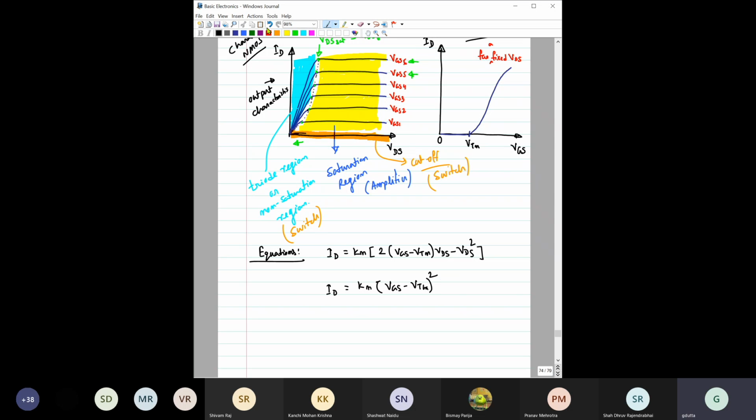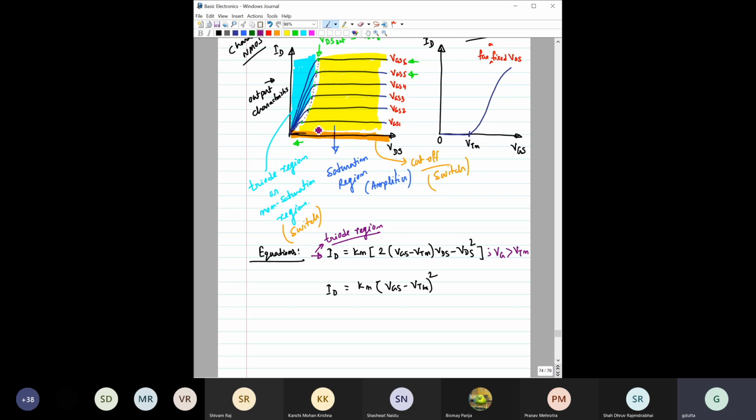Okay, the first equation, right? This equation is valid in the triode region. So in the triode region, what is the criteria? The gate voltage should be higher than the threshold voltage, right? Otherwise, the transistor will never be on. Otherwise, it will be in the cutoff region.